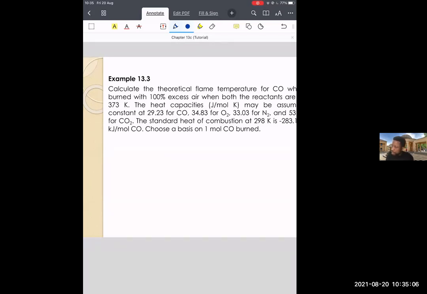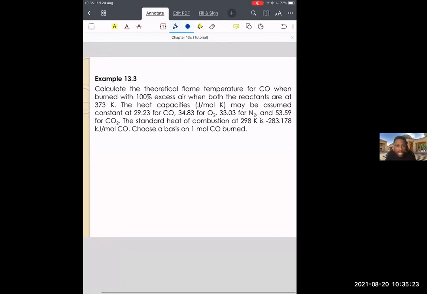In some cases, the theoretical flame temperature is also called the AFT. So calculate the theoretical flame temperature for carbon monoxide when burned with 100% excess air. So that is given for a reason.